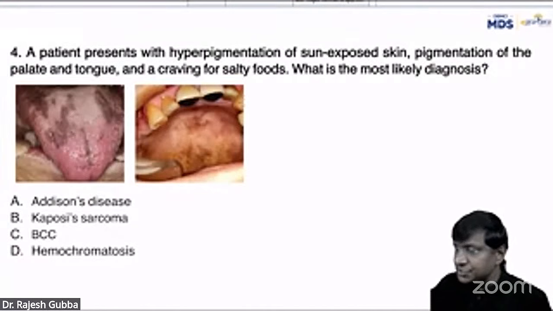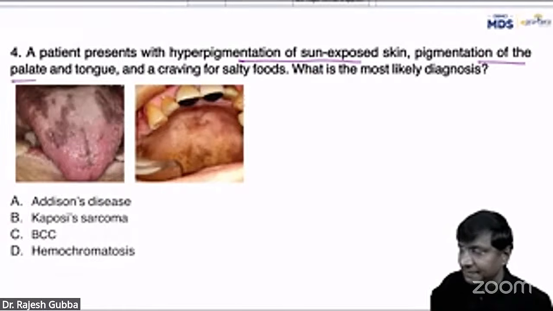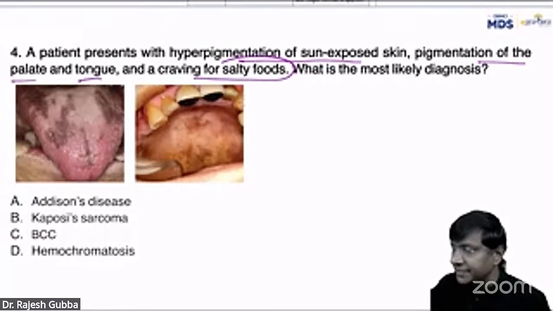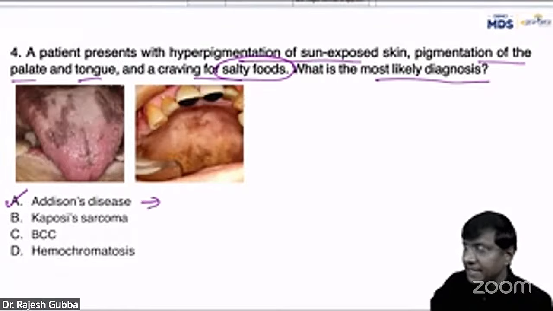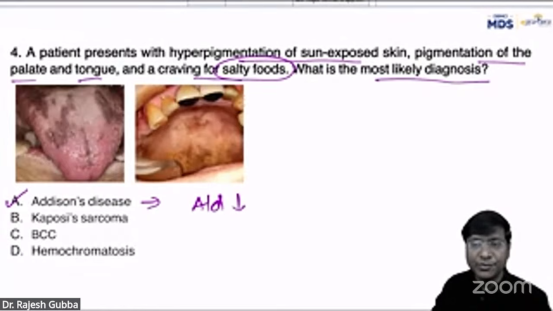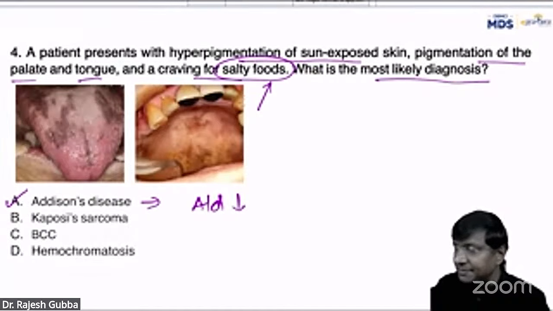A patient presents with hyperpigmentation of sun-exposed skin, pigmentation of the palate as well as the tongue, and craving for salty food. What is the most likely diagnosis? What is the clinical condition where you will have hyperpigmentation and craving for salt? That is observed in Addison's. In Addison's, you have aldosterone deficiency, because of which there is hyponatremia, and that is the reason they crave salt. And why do they have hyperpigmentation?